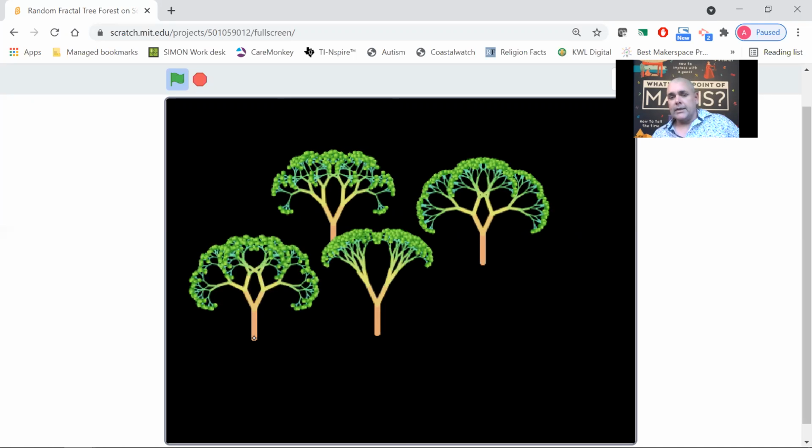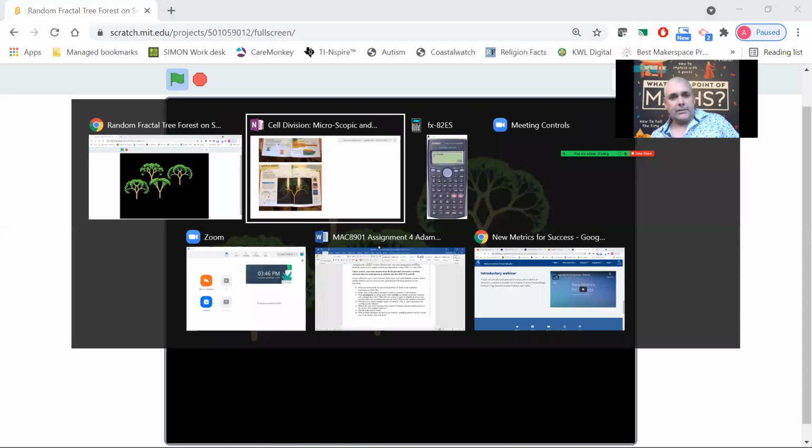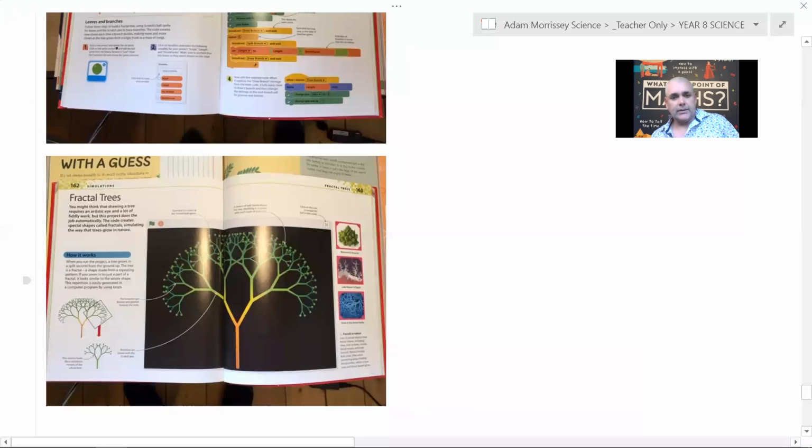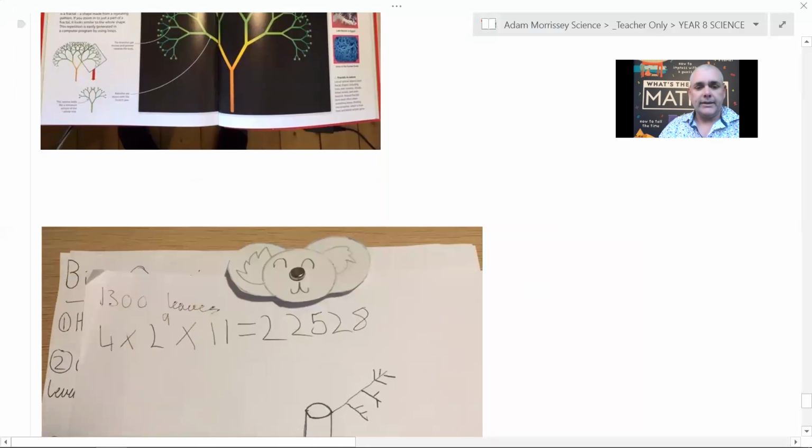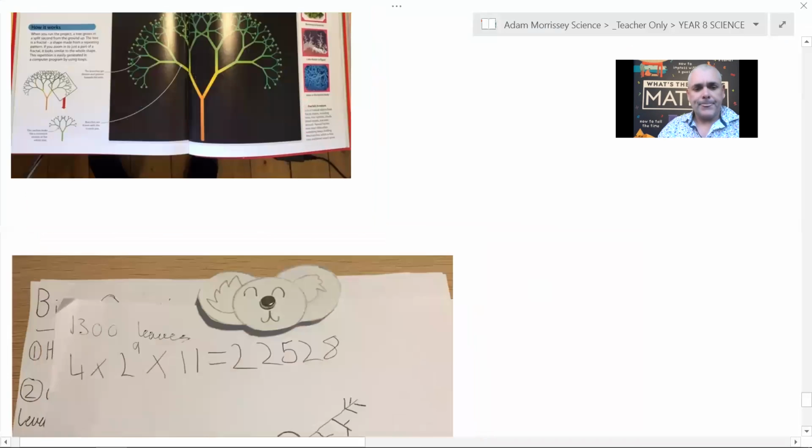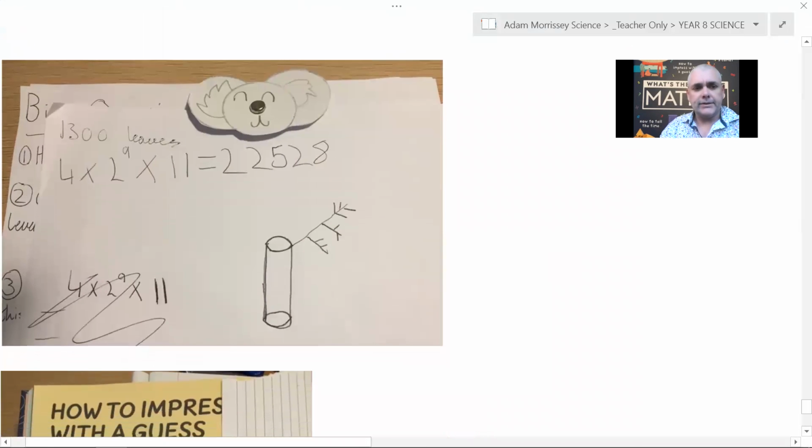So with that in mind, then we step outside to model what's happening with some of the trees outside in the school grounds. What's interesting here is that we're doing that job of estimating, and we've got two methods that we can look at here.